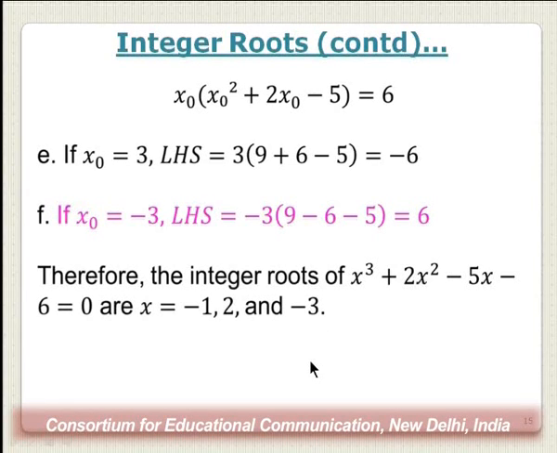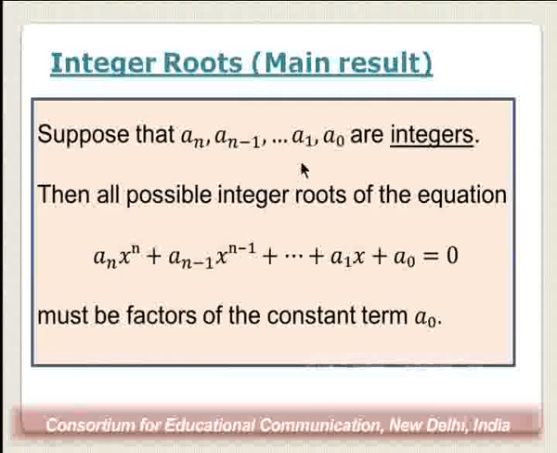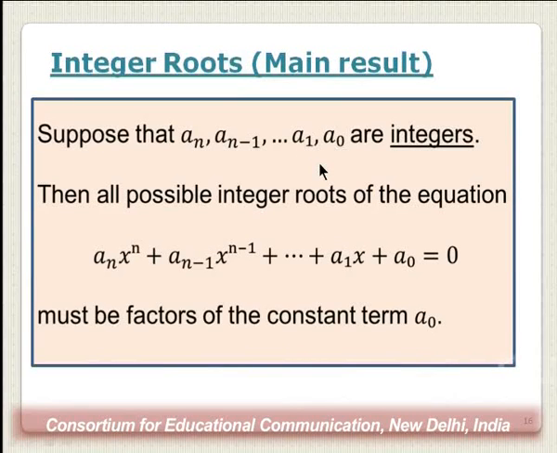So here we have seen that there are 3 integer roots of the equation x cubed plus 2x squared minus 5x minus 6 equal to 0, and those integer roots are x equal to minus 1, 2 and minus 3. Let me talk a little bit about the main theorem that is at work here. The main result for integer roots states, suppose that a sub n minus 1 and so on till a1, a0 are integers.